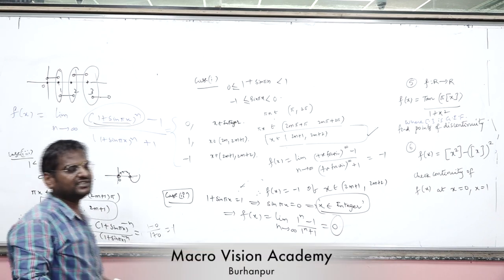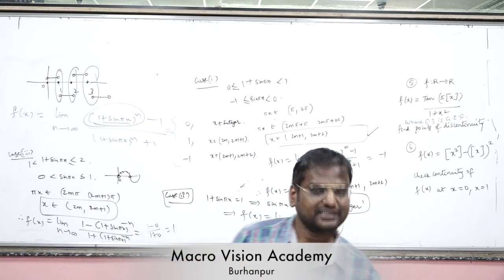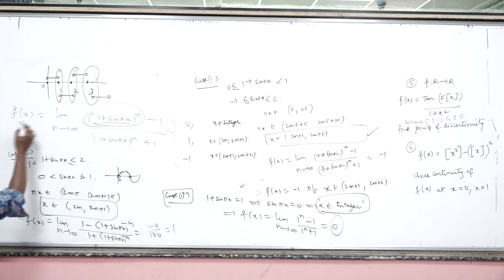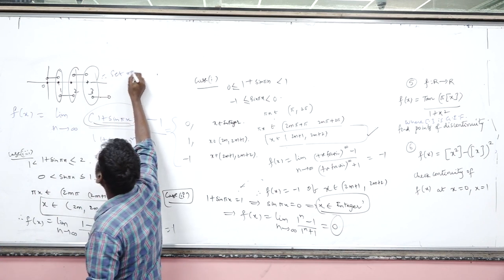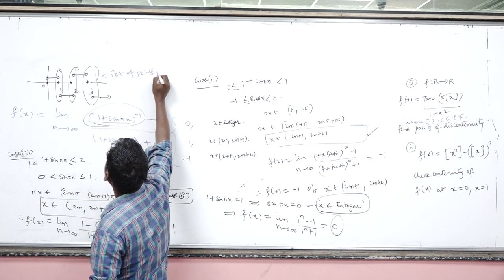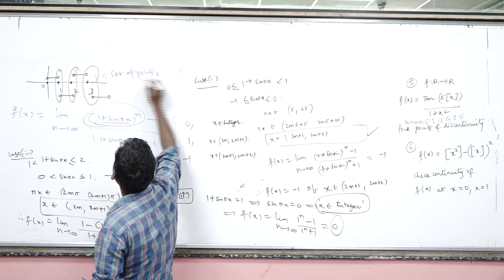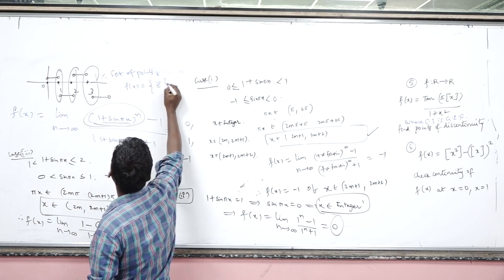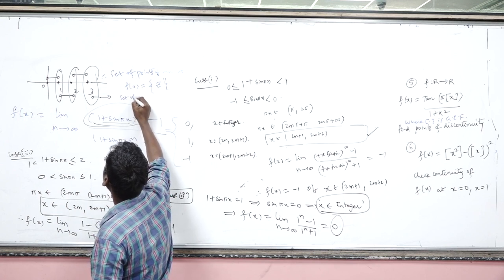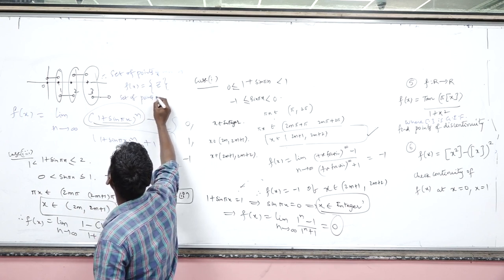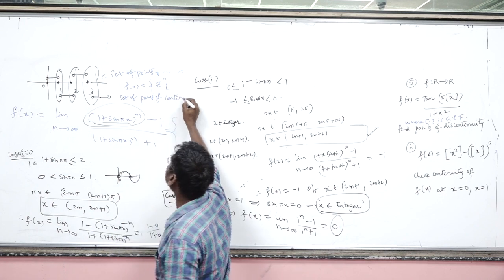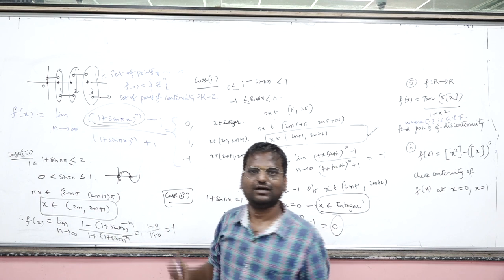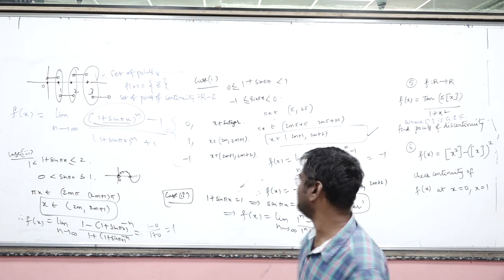At all integers, this function is discontinuous. Therefore, the set of points of discontinuity of f of x is equal to all integers, Z. Or the set of points of continuity is equal to R minus Z. That's all.